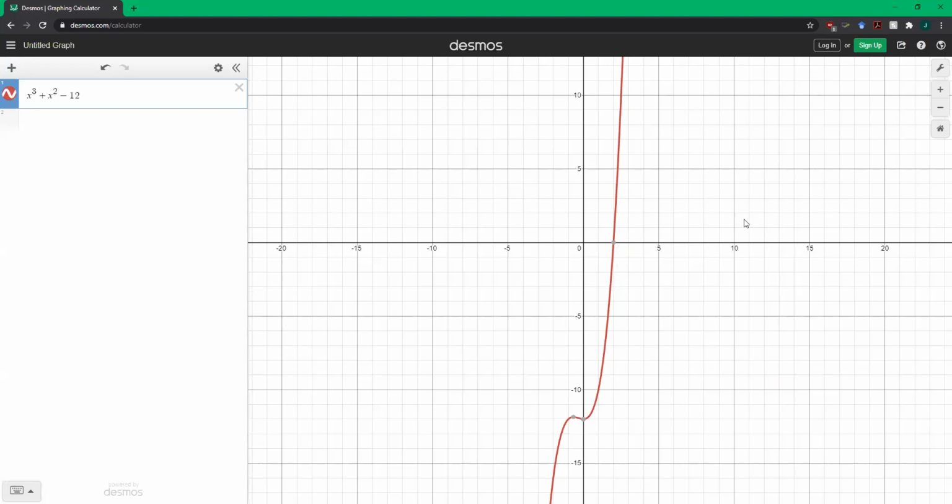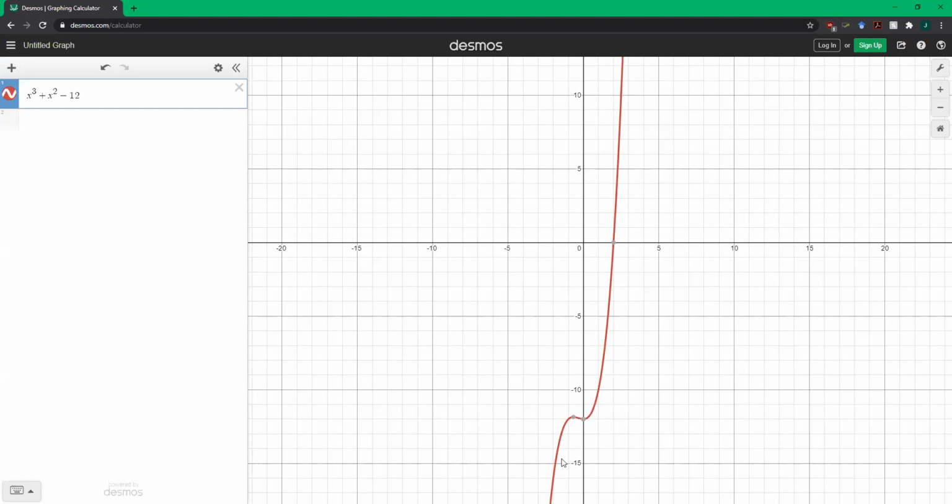But the way that we can kind of confirm our answer a little bit is that we only had one real zero, therefore I should only have one x-intercept. So if I see more than one x-intercept, I might have gotten one of my solutions incorrect. But we're good here.